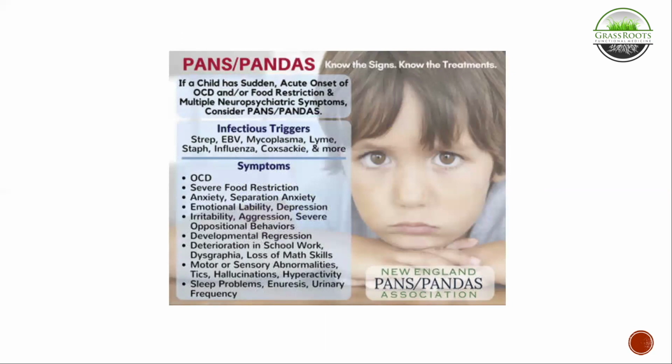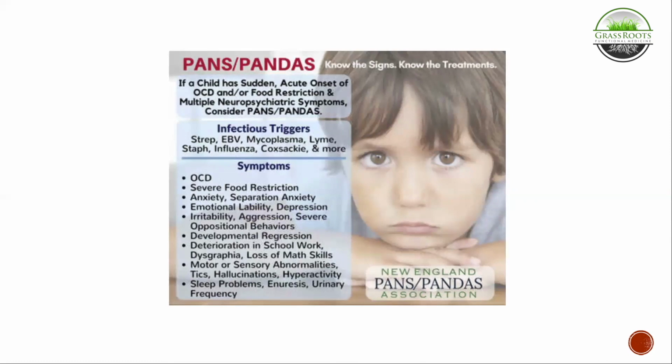When we're looking at the symptoms, these are some of those classic symptoms of PANS and PANDAS. OCD, severe food restriction, anxiety, specifically separation anxiety is big. Emotional lability, depression, irritability, aggression, severe obsessional behaviors.